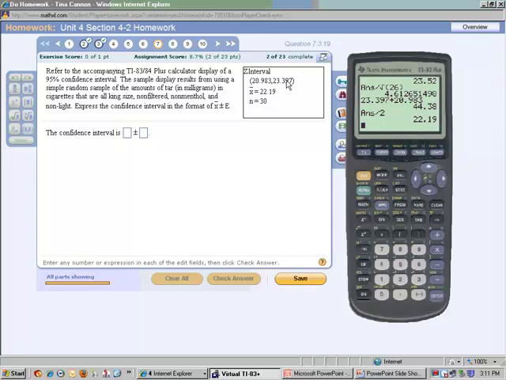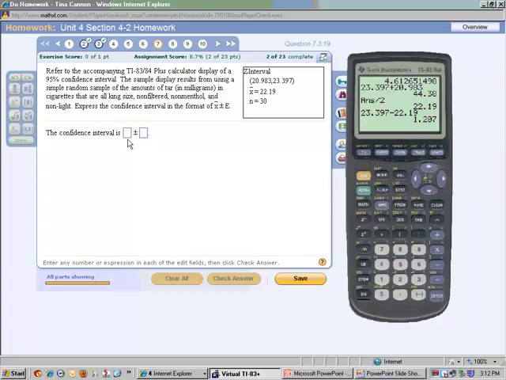Now remember, it's the sample mean plus the margin of error that equals this value. So now that you know the sample mean, you can subtract it from your upper bound and it will give you your margin of error. Or you could subtract the two interval values and divide by 2 and it will give it to you also. But this is the faster way of doing this. So our margin of error is 1.207.